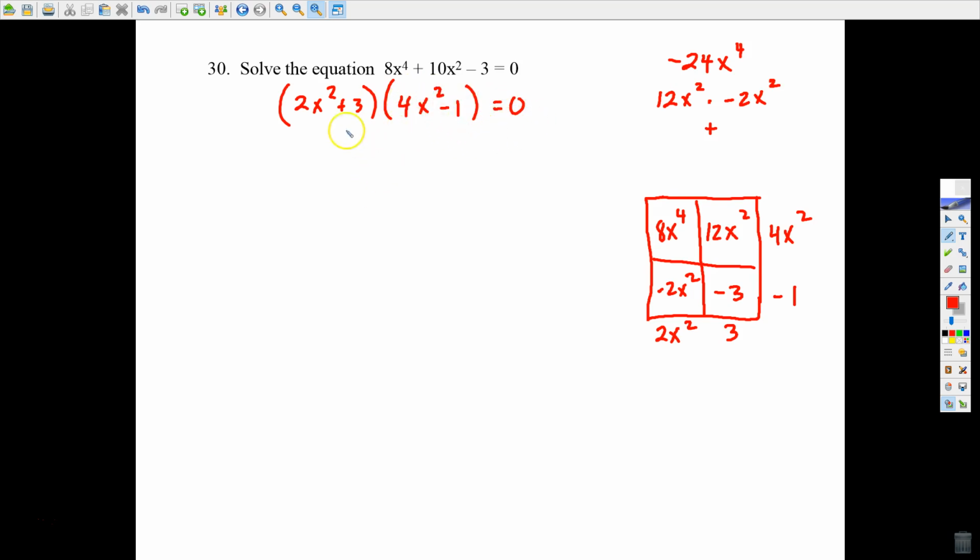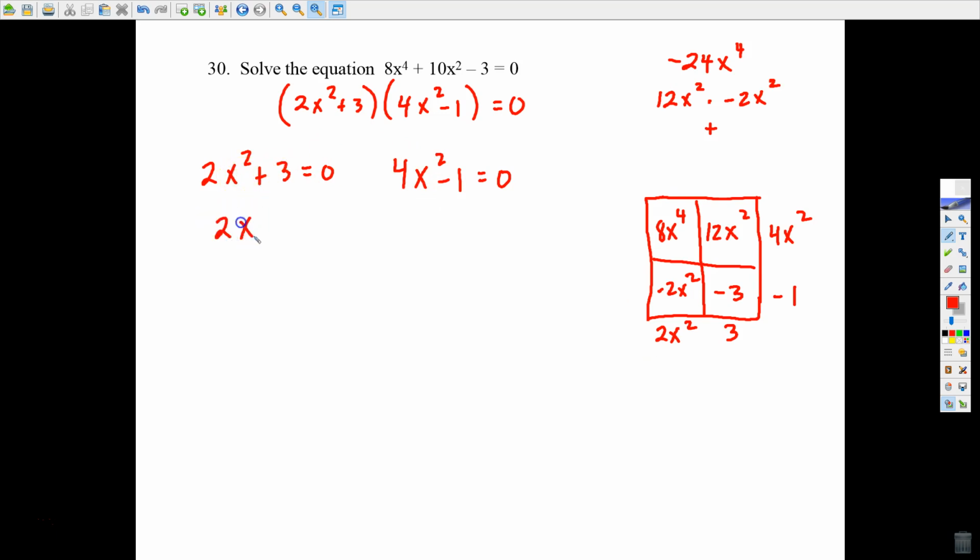And when you get it factored, the way you solve these is to let each factor equal 0 separately. Just treat each factor as though it were an equation equal to 0 by itself, and then go about your normal routine to solve for x with each of these equations.